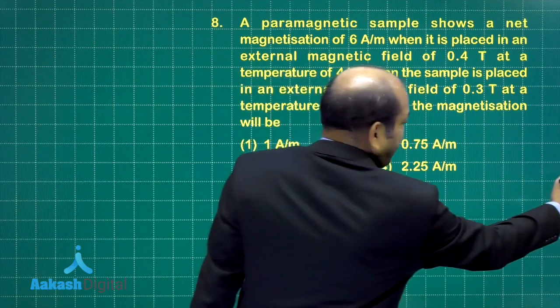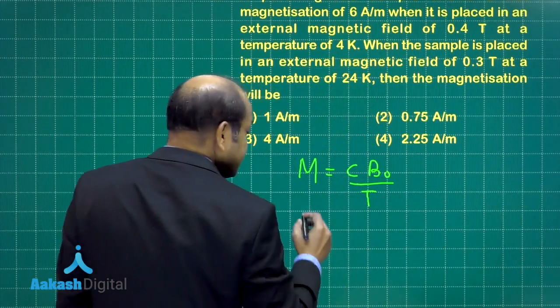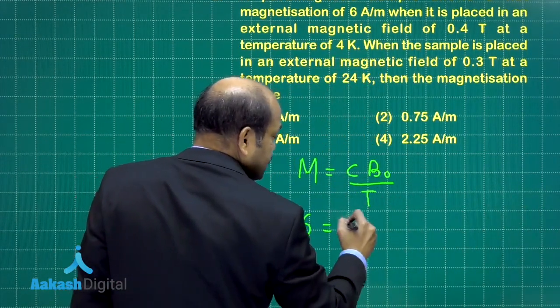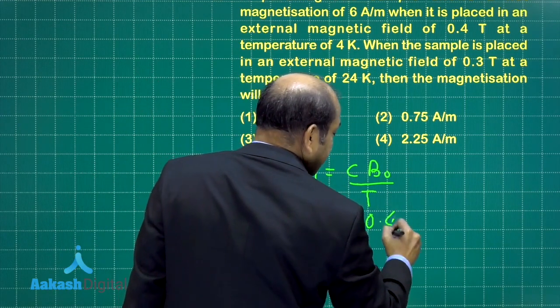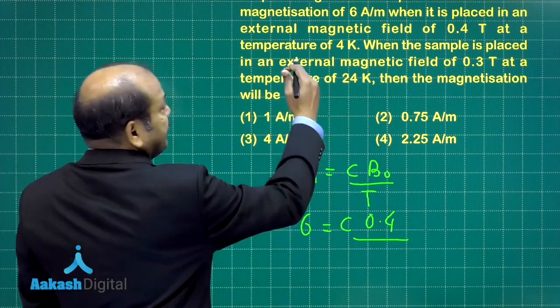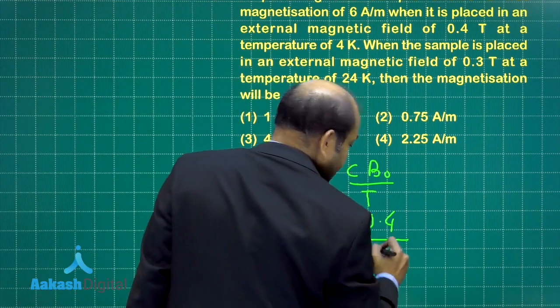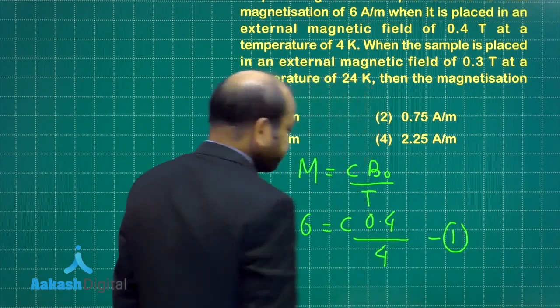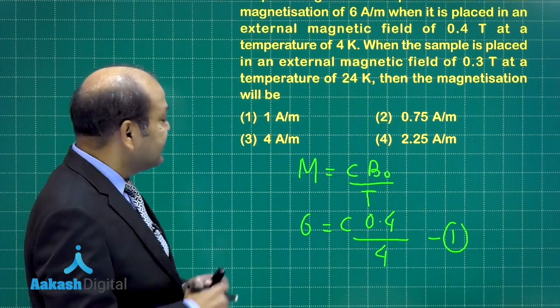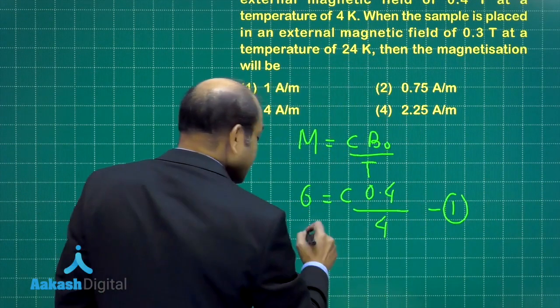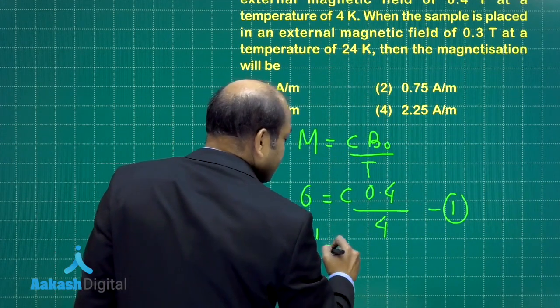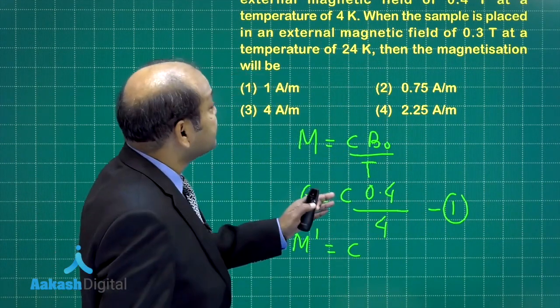That means we can have an equation like this: 6 is equal to C, well, B naught is 0.4 Tesla, and the temperature initially is 4 Kelvin. So this is our first equation. In the second instance, let's say the magnetization has become M dash. So M dash is now C, what is the magnetic field now?